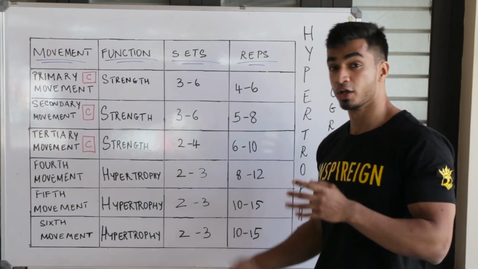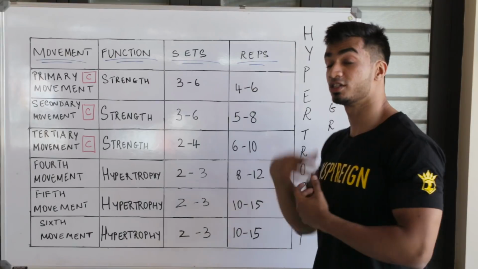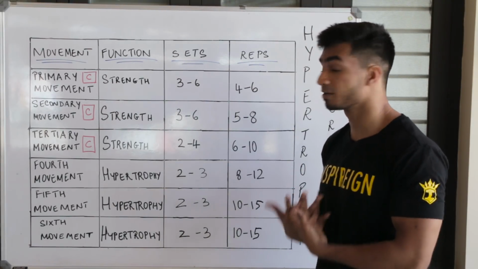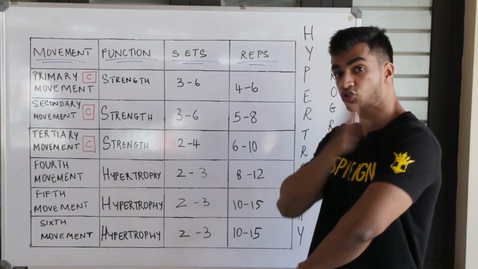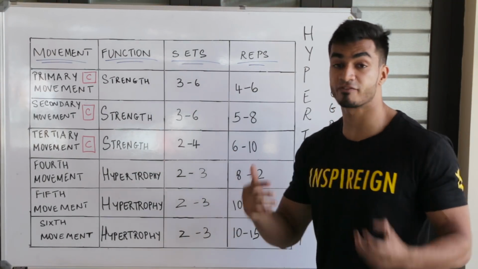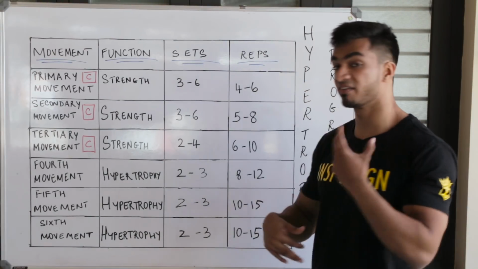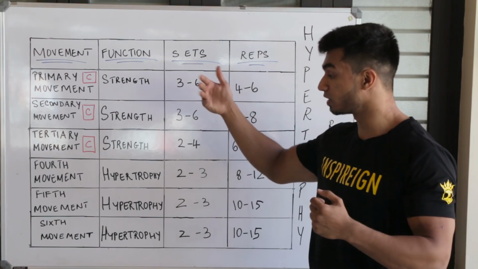It's very important. You're doing compound movements, guys. It's going to work on multiple muscles. If you're doing bench press, you have a primary muscle and you have a couple of secondary muscles like your shoulder and your triceps. So in terms of hypertrophy, most of the work is done. You don't have to do that many lateral raises or that many variations for the shoulders or for the tricep because most of the work is done.